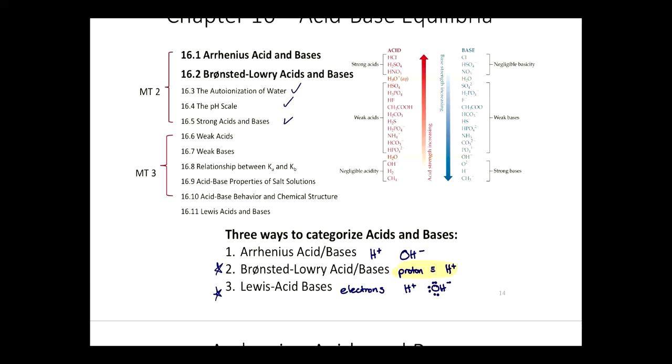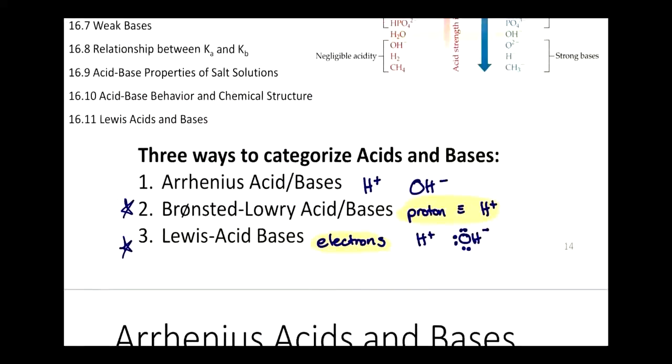While the last one, Lewis acids and bases, are the most general of them all, where Lewis acids and bases don't necessarily look at protons, they look at how electrons are moving in a reaction. So what a Lewis acid-base focuses on is how these electrons move in a reaction.